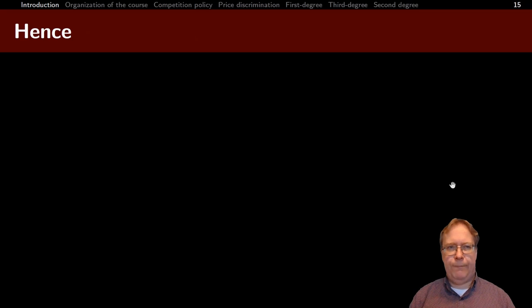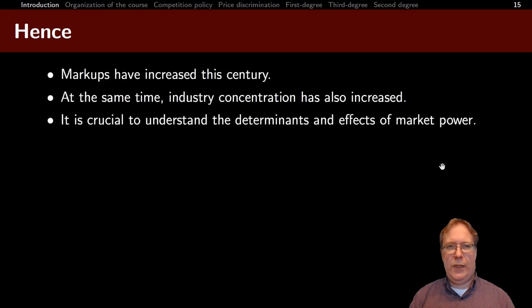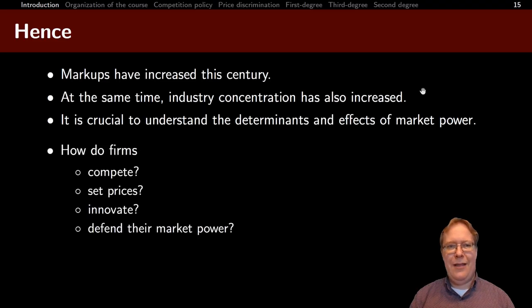Okay. So what did we see? We did see that markups have increased this century, especially over the last decade and a half. And at the same time, industry concentration has also increased. So there is really something going on there, right? So it is crucial to understand the determinants and effects of market power. And that's exactly what we plan to do in this course.